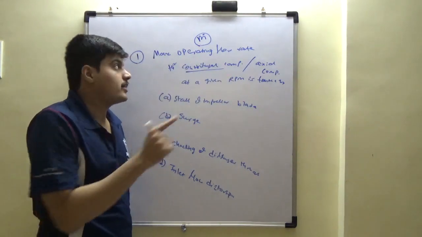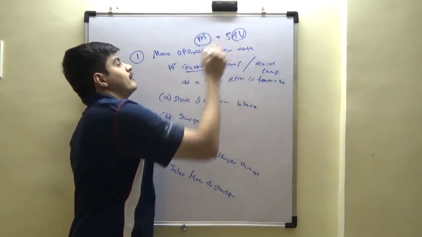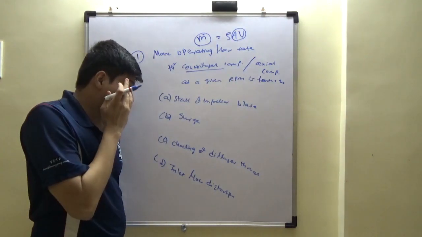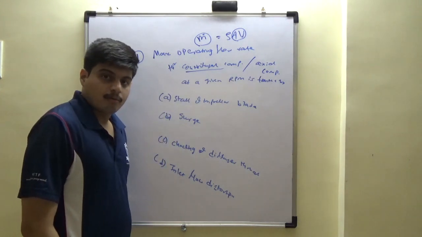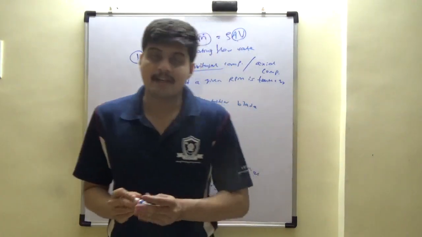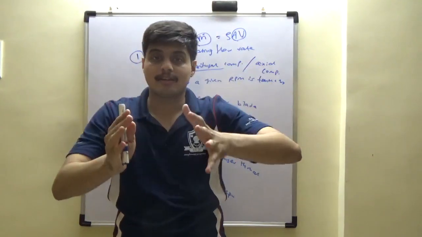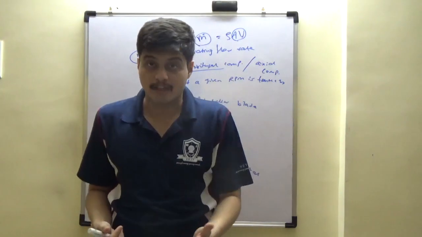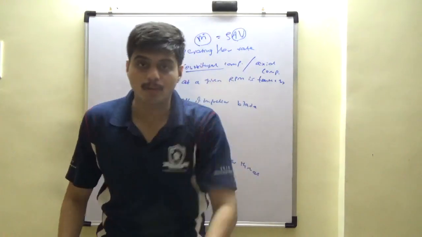The whole point about m dot, which is rho AV, right, is that a stall in impeller blade, what will it do? A stall in impeller blade would cause these impeller blades here to not transmit the energy to the fluid.